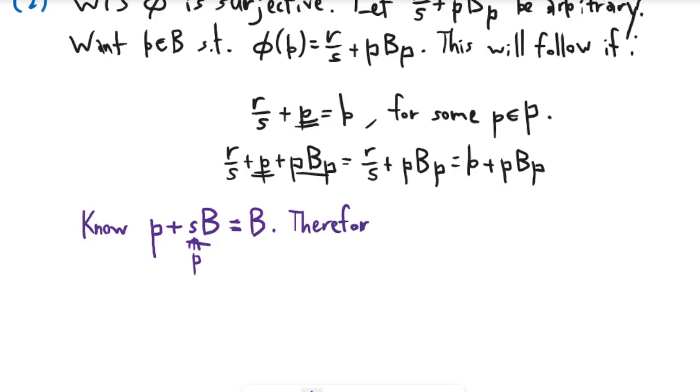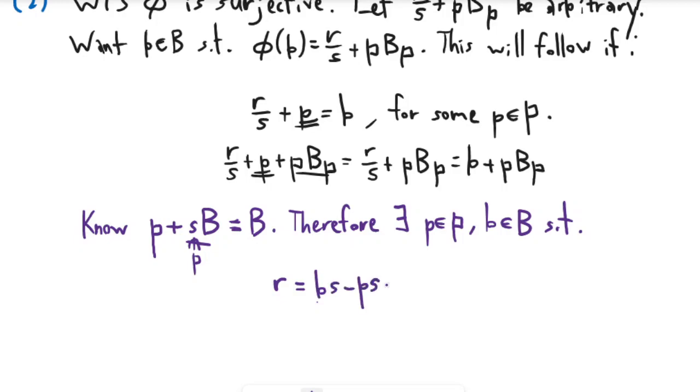Right? So therefore, there exists p in P and b in B such that the following is true. So R is equal to bS minus pS, right?